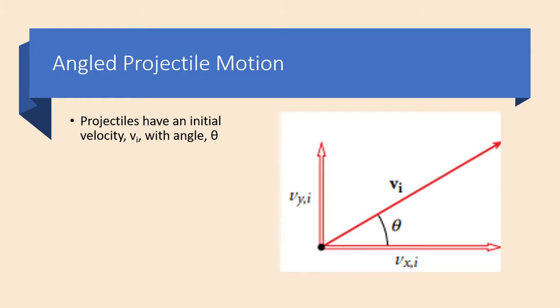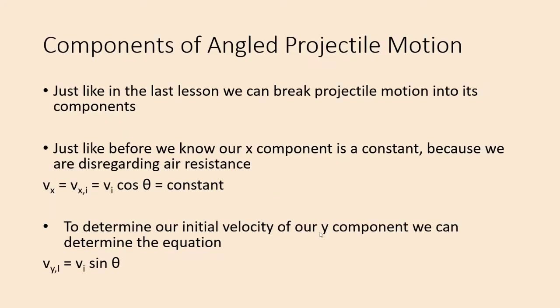So just like we did in last week's lesson, we are going to break this into components. Our x component, just like before, is going to have a constant velocity.